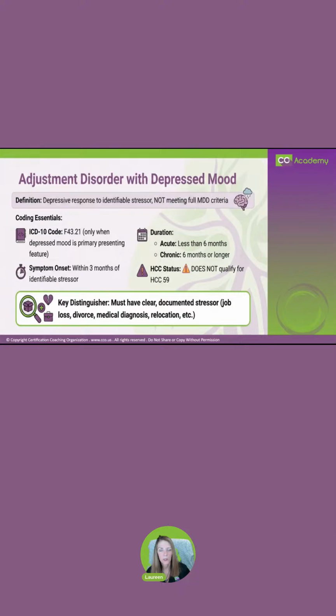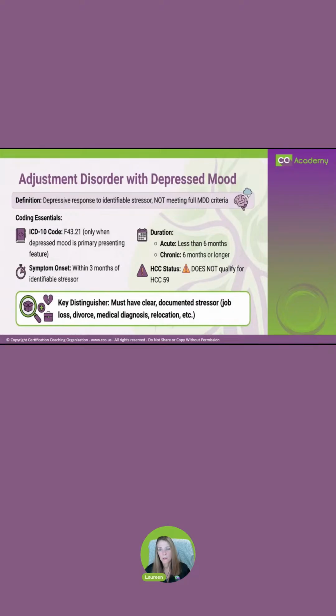There's a clear trigger: job loss, divorce, a major medical diagnosis, relocation, something big like that. And the patient's symptoms don't meet the full criteria for a major depressive disorder. So the code for that is F43.21, but only when the depressed mood is the primary presenting feature.